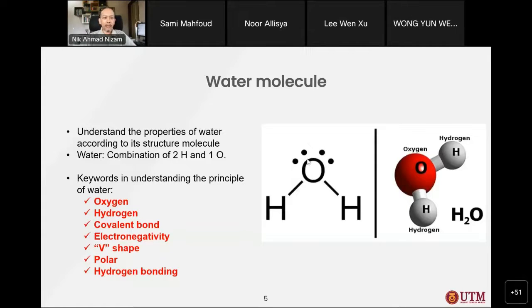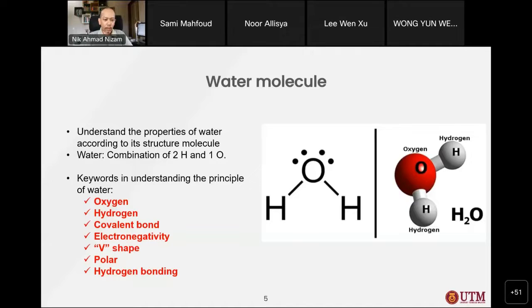that represent the unshared electrons, electrons that have not been shared with H. So these are the keywords when you want to understand the principle of water or H2O. Oxygen, understand the oxygen.